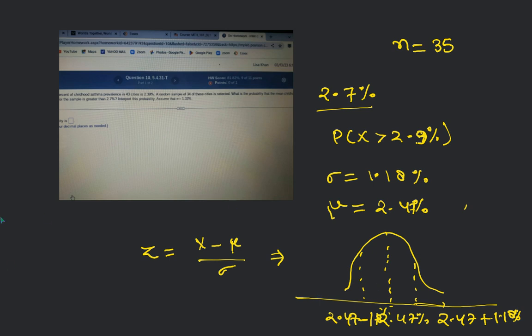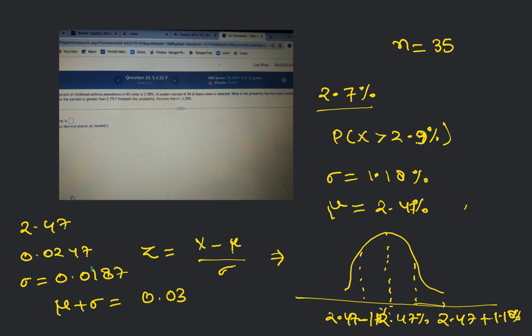So we need to find, 2.47 will be 0.0247, and the standard deviation will be 0.0118. So mu plus sigma is equal to 0.03.